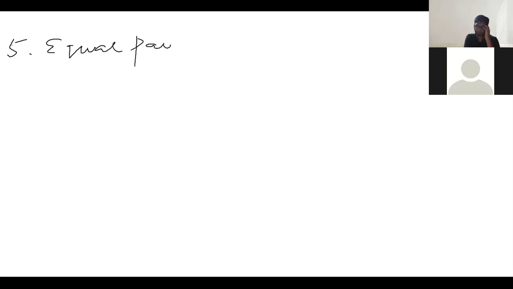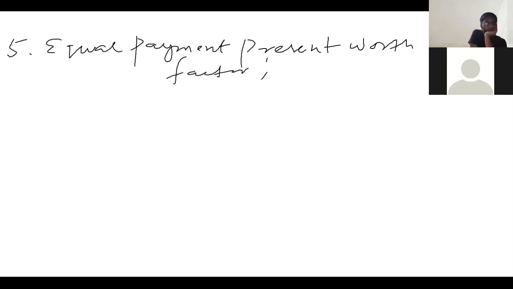Equal payment present worth factor, given as your P. So you are going to calculate your P value for all your investment return. Your A is simply an equivalent amount, but it can be any variable.